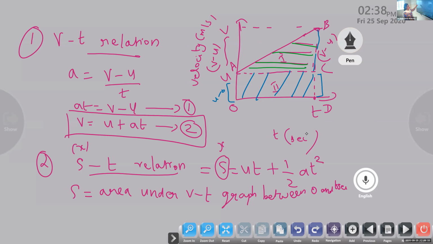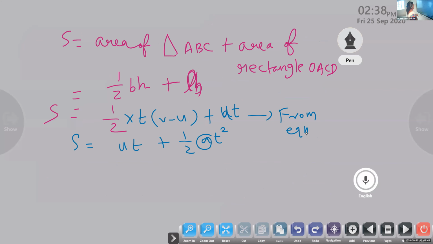Equation 1 is AT equals V minus U. So that is the one we are substituting in this equation. From equation 1, you can write AT is equal to V minus U. That is one AT came here, plus there is one more T here. That is why it becomes AT square.